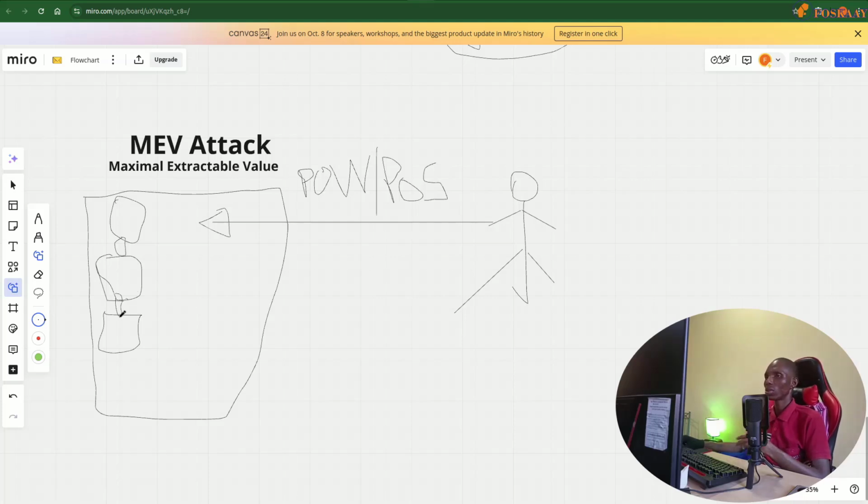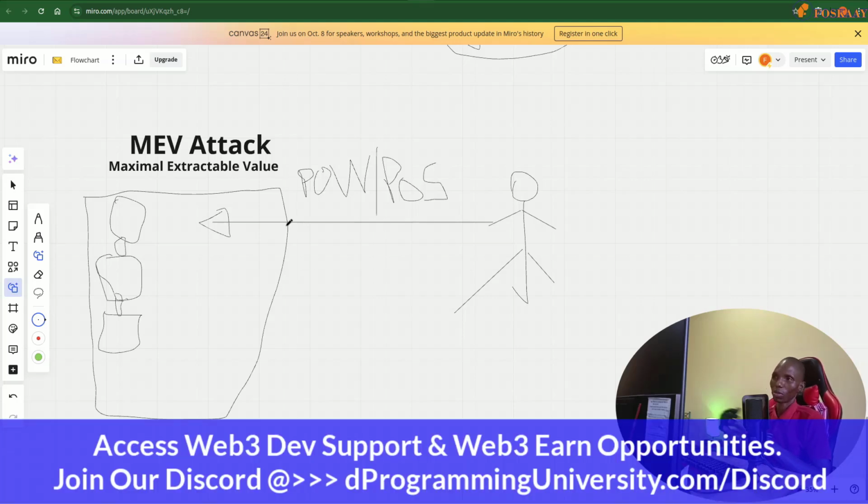The transactions conform to the protocol of the specific blockchain to ensure it doesn't break the chain or hurt it, to prevent attacks.